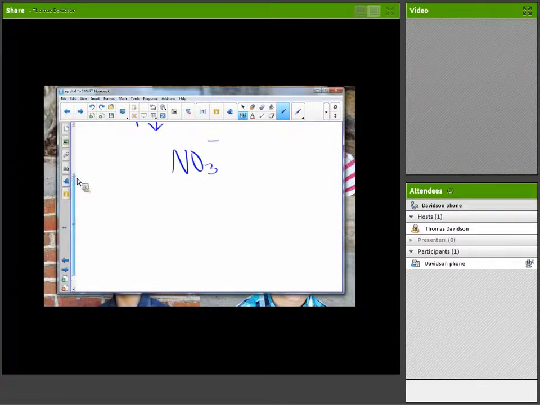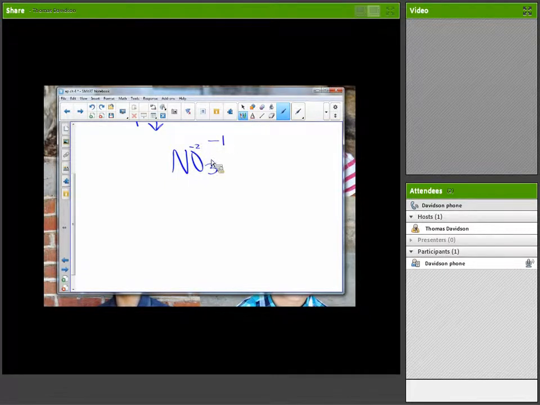Are you okay with that? I'm going to put a 1 right here. So I will use my rule for oxygen. Oxygen always has an oxidation number of what? -2. And then I have to find nitrogen based on my oxygen. So please follow this logic. The total charge is equal to -1.